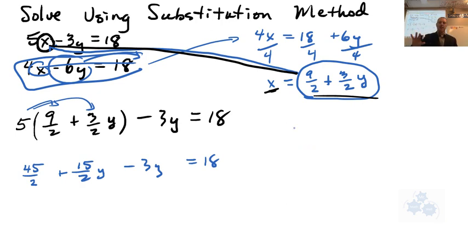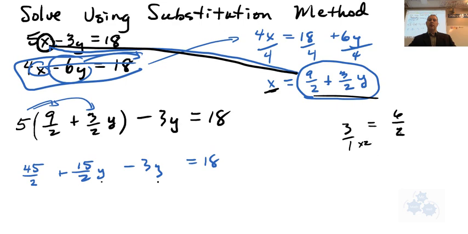So now I'm going to gather like terms. I see that we have two y terms here. Because this is a fraction, I'm going to need to write this as a fraction with a common denominator. So 3 actually is the same as 6 over 2. That's 3 over 1.